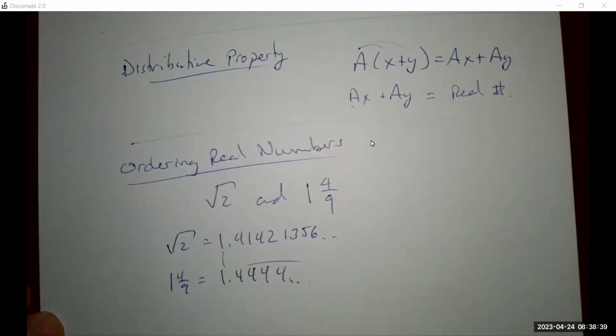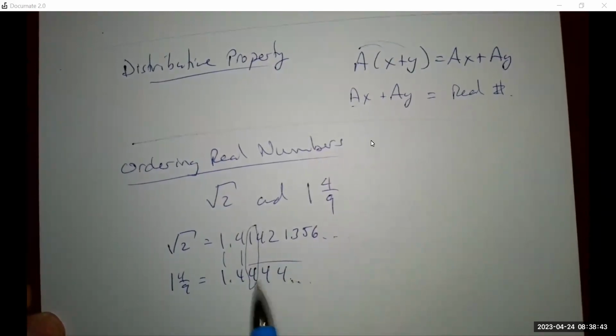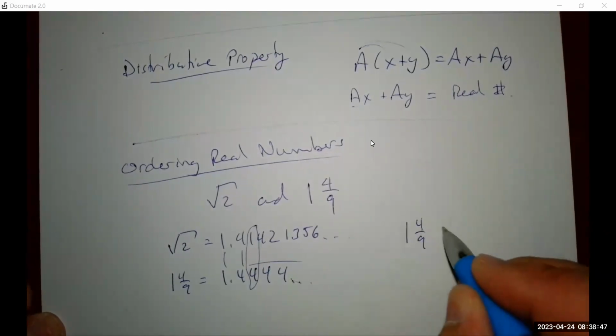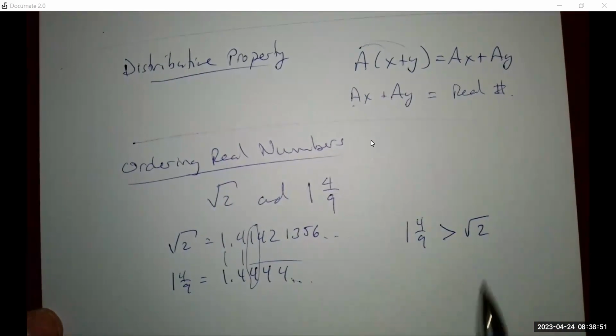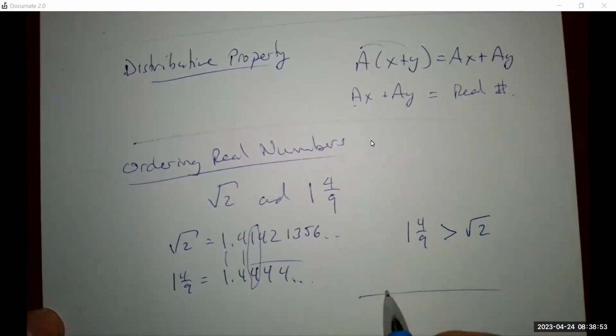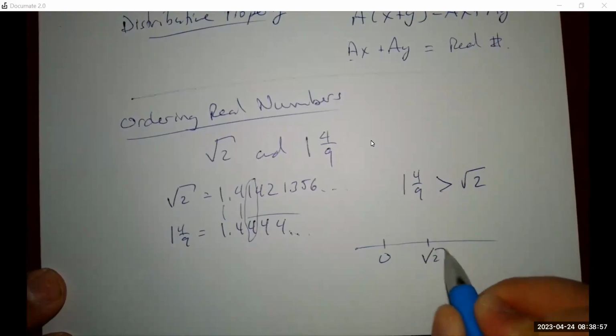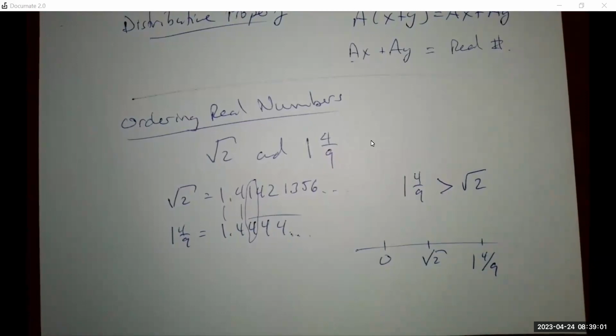They're both equal in the numbers up to here. Here's our first different number. So 1 4/9 is bigger than square root of 2. So on a number line, that's how we order them.